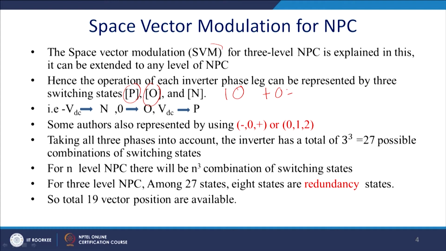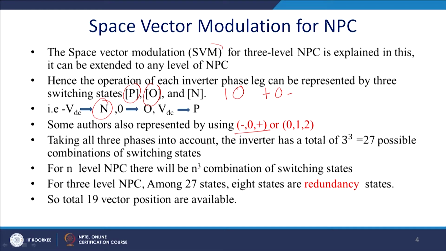Either of these notations will be used. Minus VDC stands for N, 0 stands for O, and positive VDC stands for P. Some authors represent them as minus, 0, plus, or 0, 1, 2.